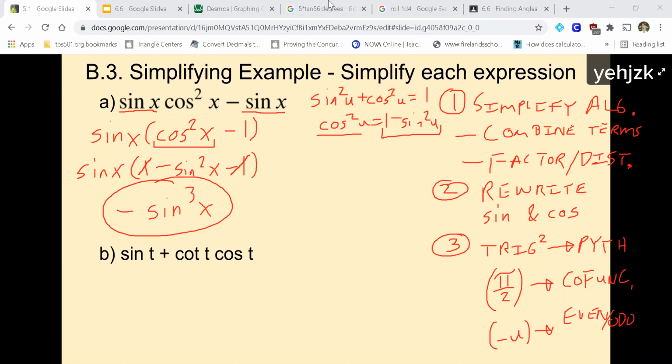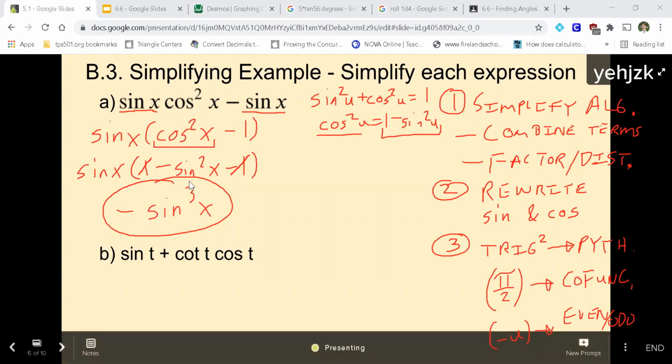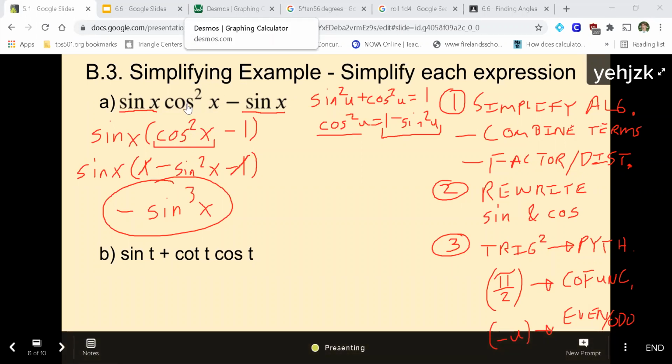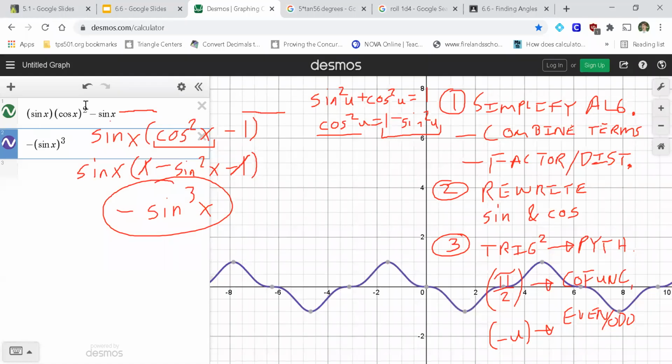One thing you can do to be a little bit more confident in your answer is verify that nowhere in your process did you mess up what the expression is. And you can verify that by graphing. So if I graph sine times cosine squared minus the sine of x, and my answer, the negative sine of x cubed, you can see that those two graphs are identical.